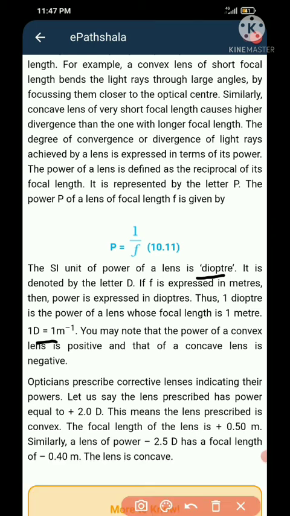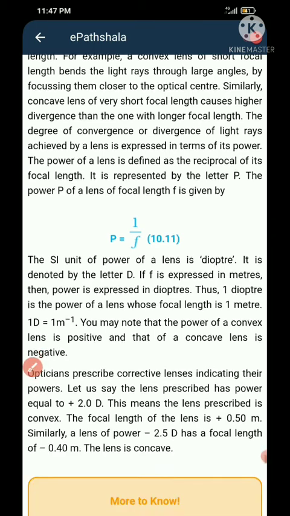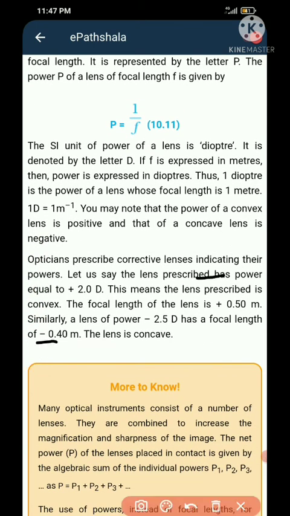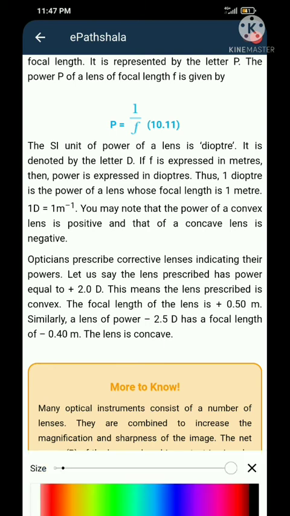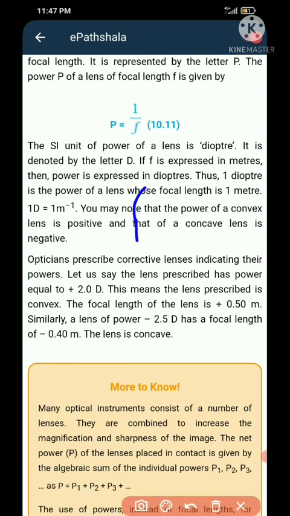So you can also find the focus with the help of the power of the lens. If a plus sign is given, it means the focus is plus. Where is the focus plus? In the case of a convex lens. And if it is minus 2.5 diopter, then it is a concave lens.